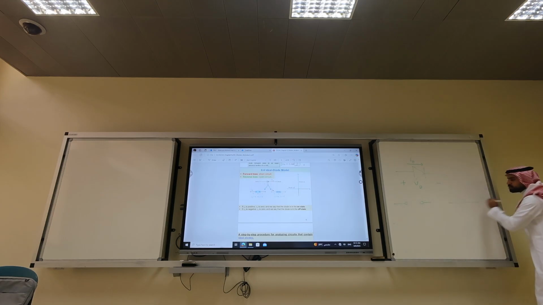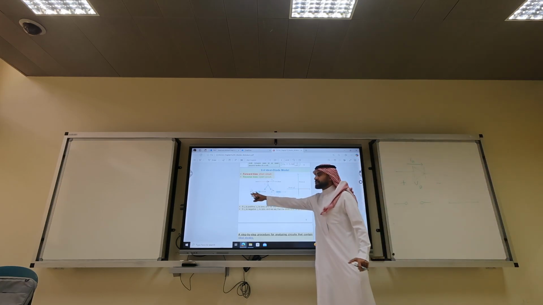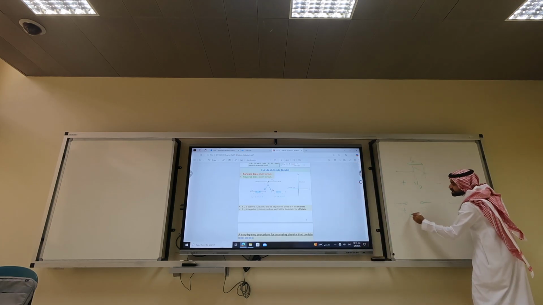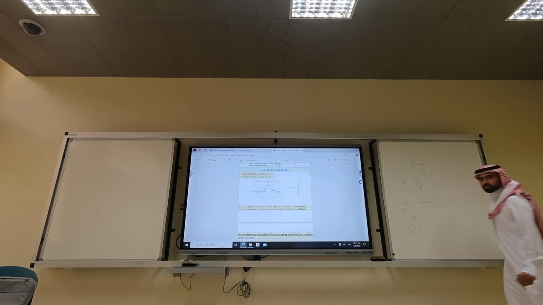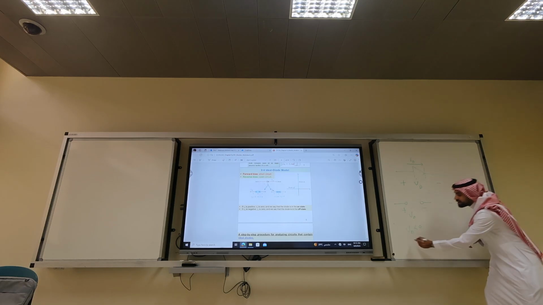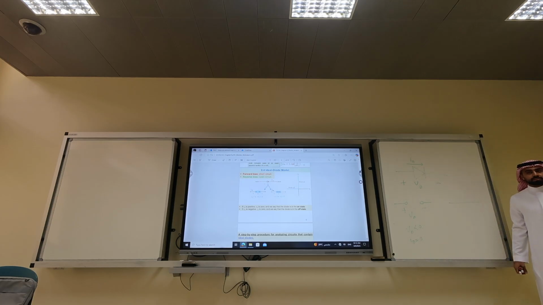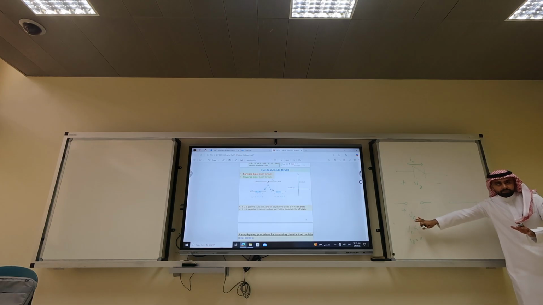Shape number 2, short circuit. If we have an open circuit case, VD should be less than 0. And because it's an open circuit, ID is equal to 0. Get it? No current will flow through the diode. This is state number 1.